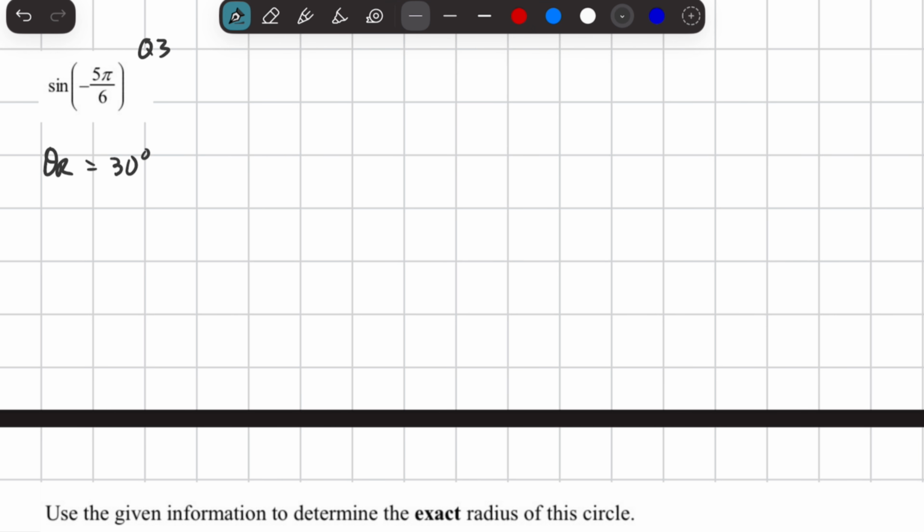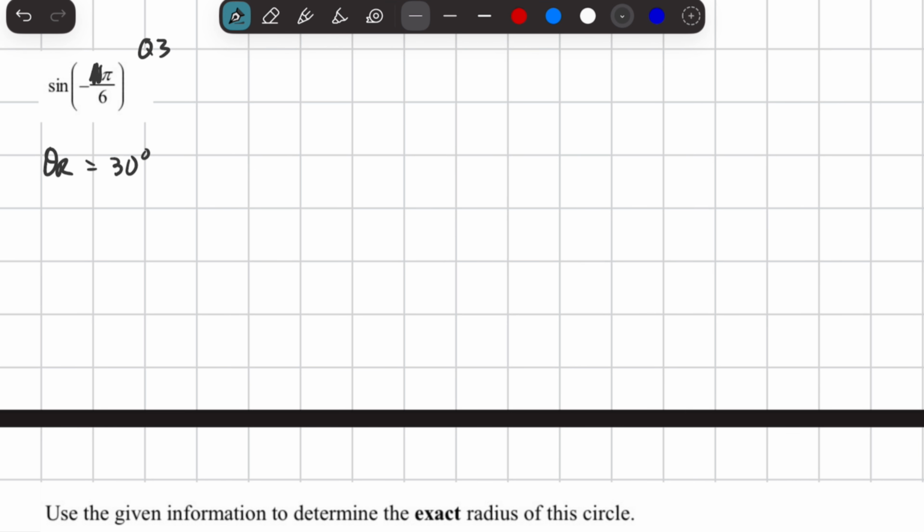You can also get the reference angle by ignoring that 5 there, keeping the negative, and just doing pi over 6. But it's easier to work it out this way. So anyways, our reference angle is 30 degrees, which means our ratio for sine is opposite over hypotenuse. So it is 1 over 2.